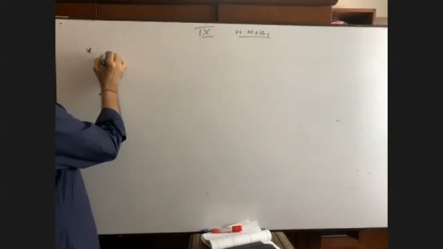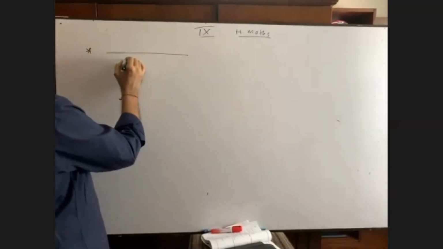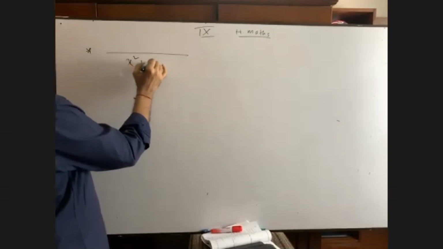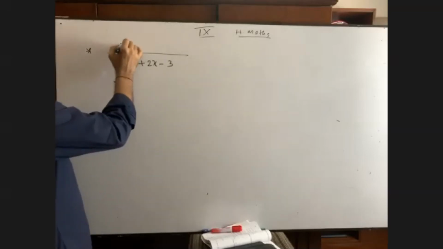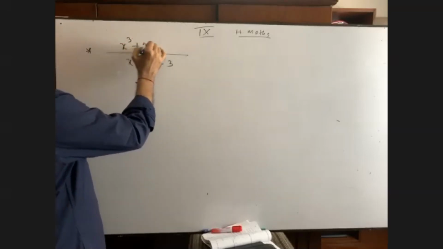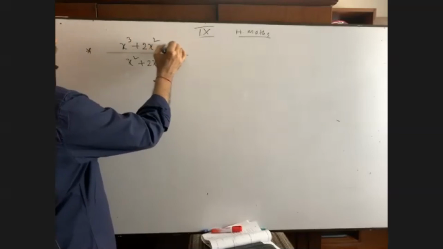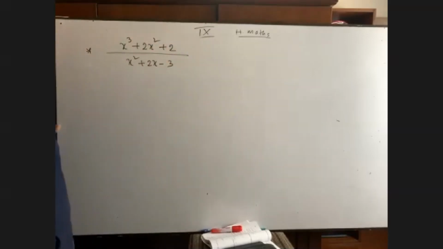A math is going to be given: x square plus 2x minus 3 over x cube plus 2x square plus 2. Can you do this math?